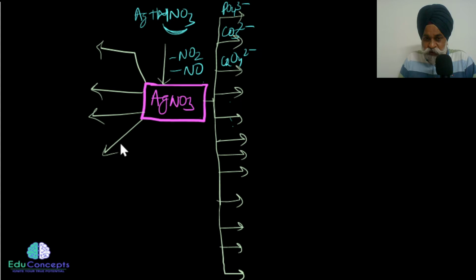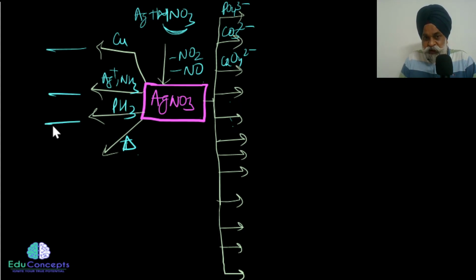Then we talked about the effect of heating. We talked about the reaction with copper. We talked about the 1-2-3 reaction, that is ammoniacal silver nitrate. And then we talked about the reaction with phosphine, and all those reactions you should write here. So on one side you write the reactions, on the other side you write all the precipitating things.